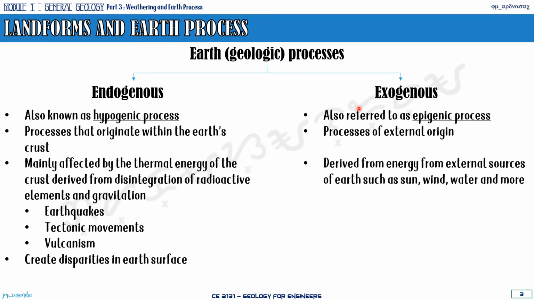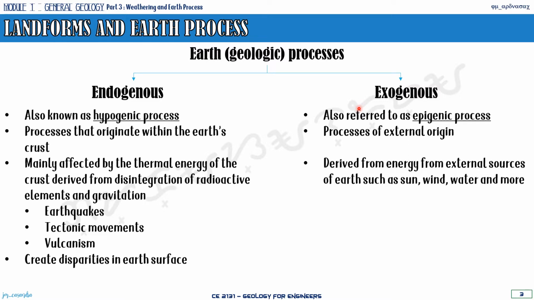The energy that produces exogenous process is derived from external sources such as the heat of the sun, wind, water, and all other external processes.